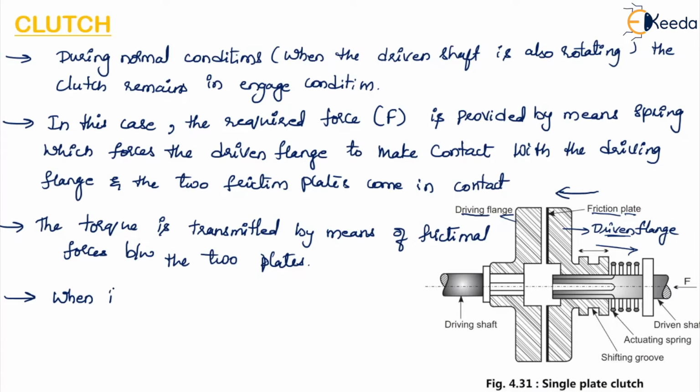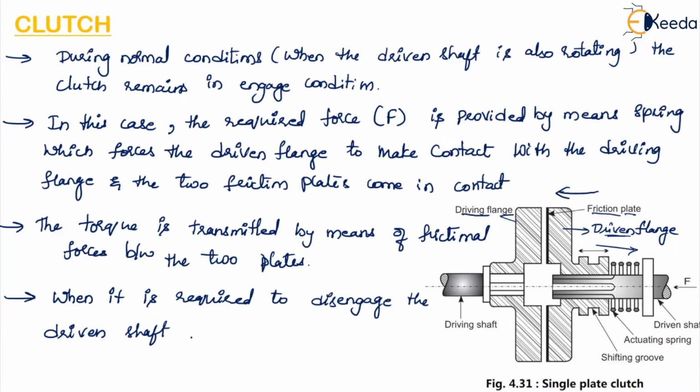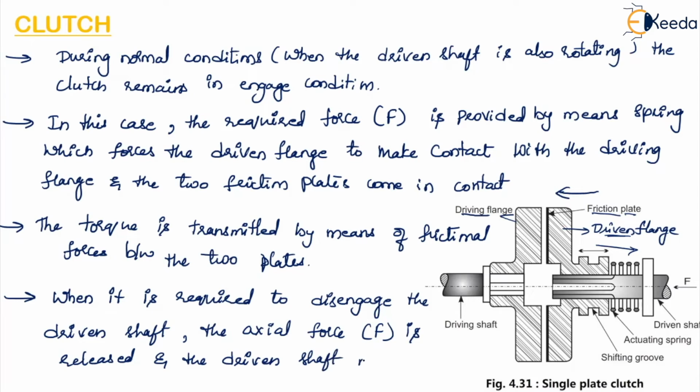So when it is required to disengage the driven shaft, the axial force F is released and the driven shaft moves along the axis and the friction plates are separated.